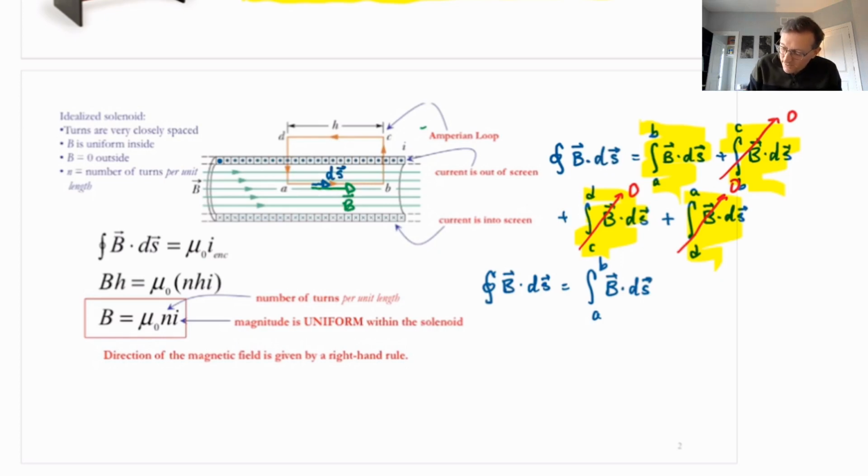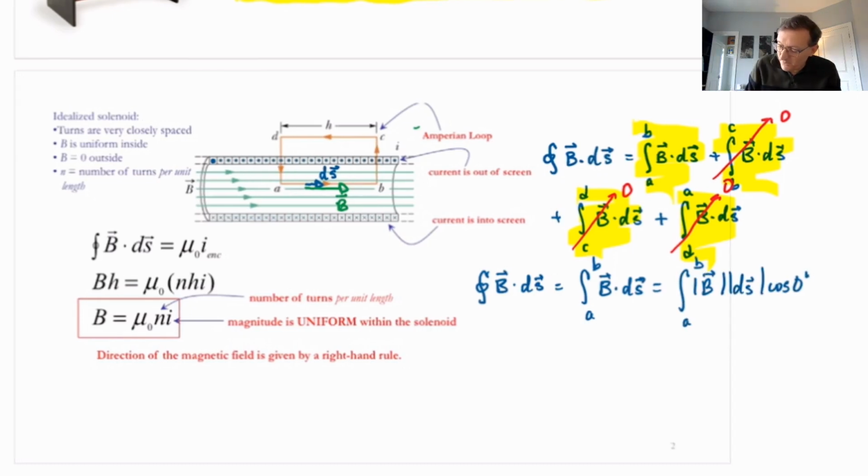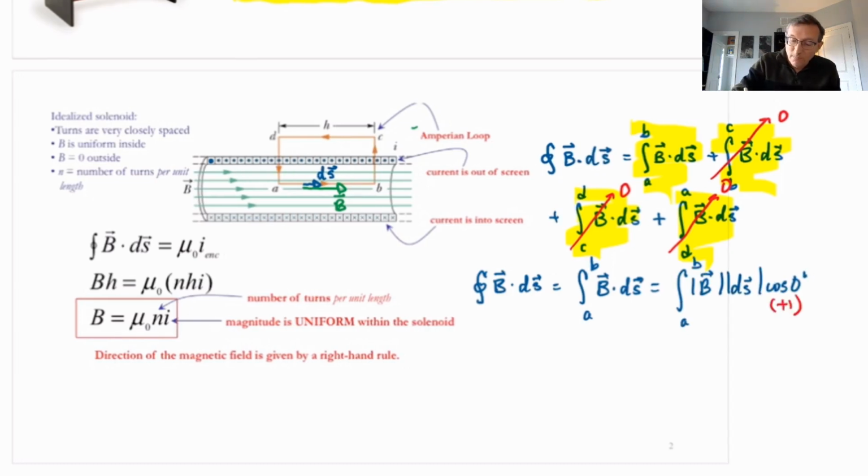So this would be then the integral from little a to little b of magnitude B, magnitude ds, cosine 0 degrees. Cosine of 0 degrees is +1. And the magnetic field is uniform when you're inside. So guess what? I get to bring the B magnitude out front.